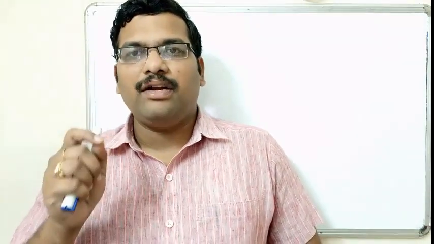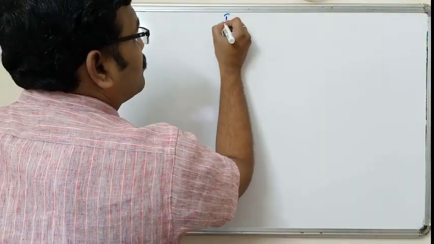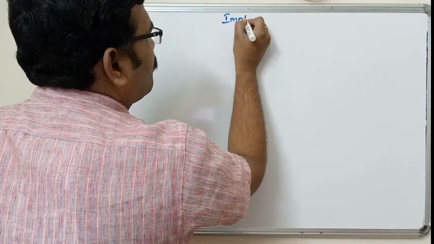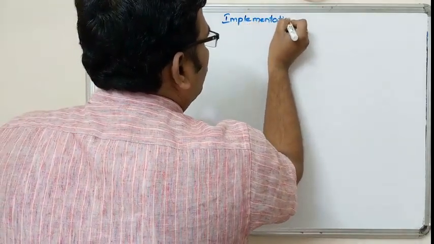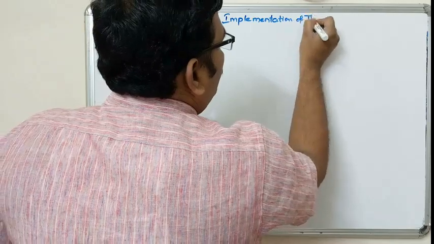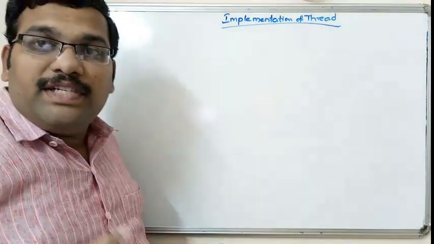So an individual part of a running program, we call it a thread. In this session we will see how to implement a single thread.